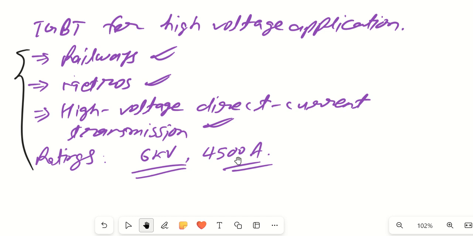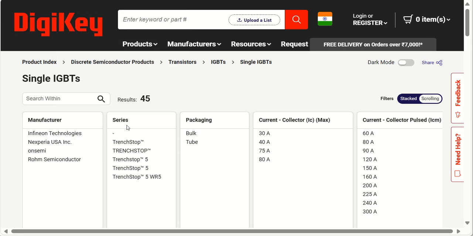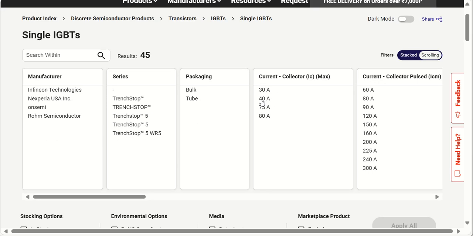Now let me open some of the data sheets and tell you how it looks and what the different functionalities are. Okay. So what I'll do is I have opened one online distributor, Digi-Key, where I have selected IGBTs of current rating of around 30 amperes, 40 amperes, 75 amperes and 80 amperes.